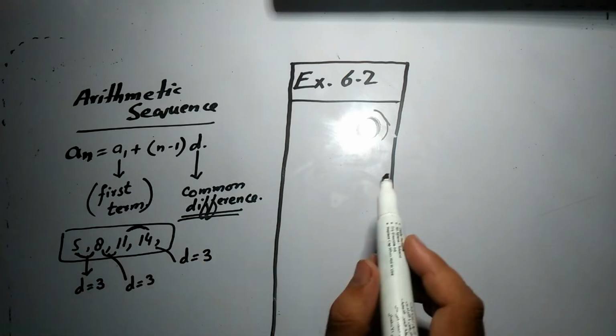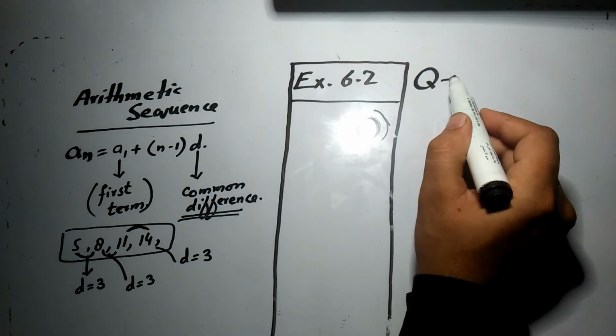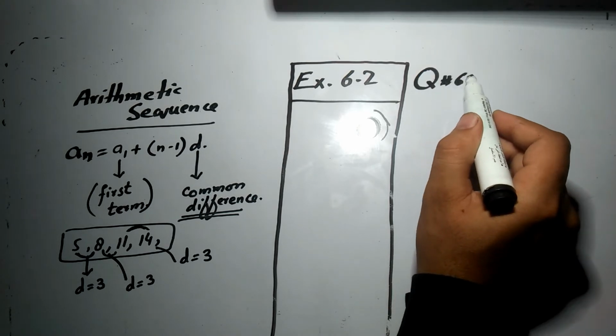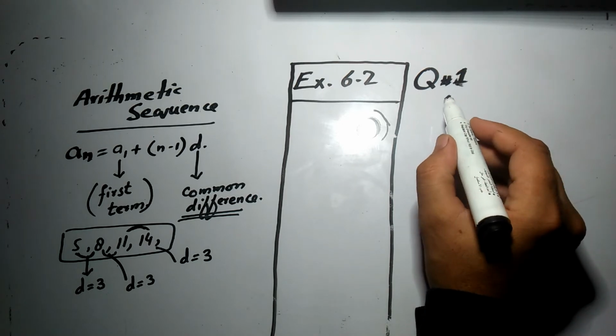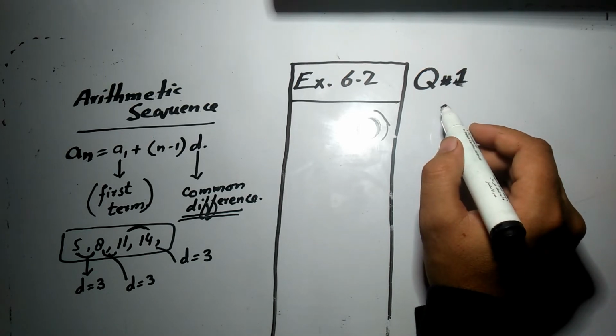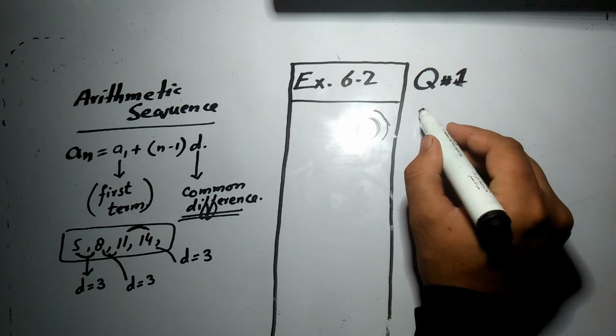So we will do question number 1 of exercise 6.2, which is given as: write the first four terms of the following arithmetic sequence.